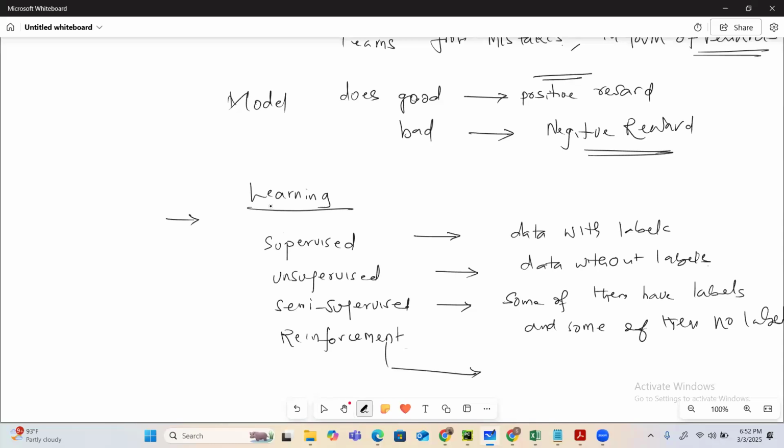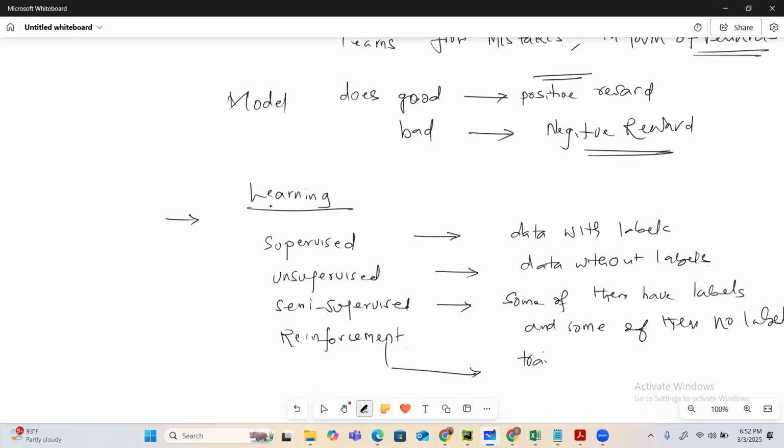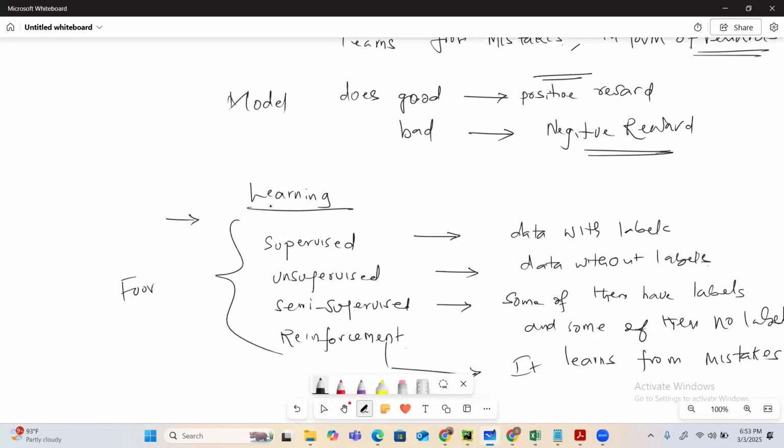Reinforcement learning: it learns from the mistakes. These are the four pillars of AI.